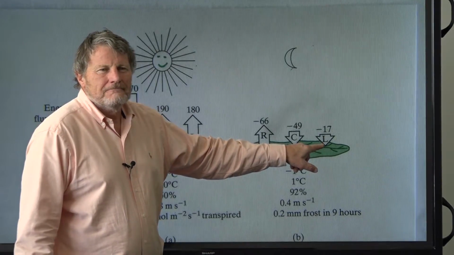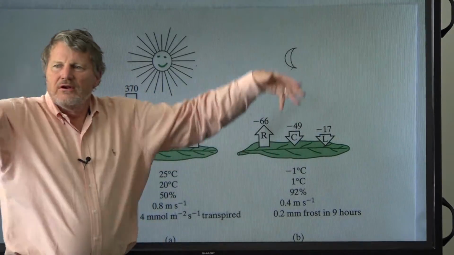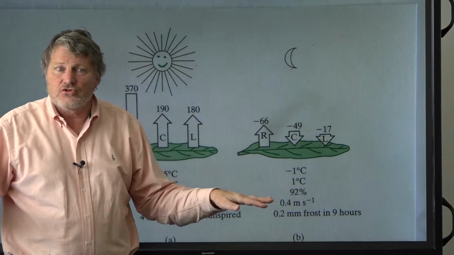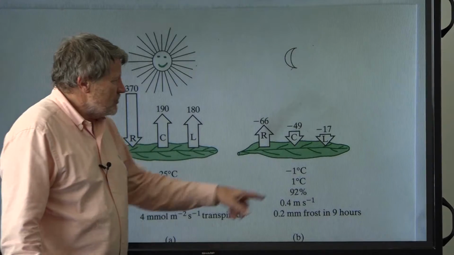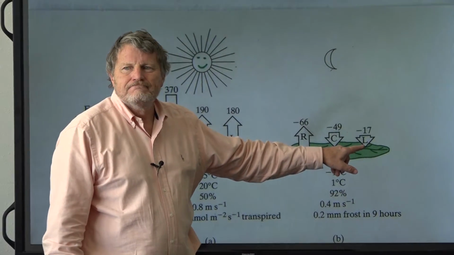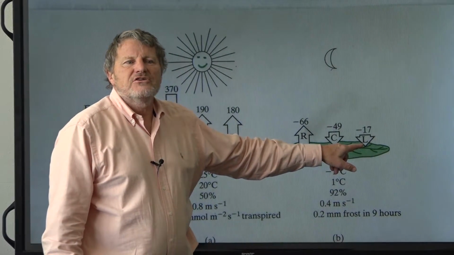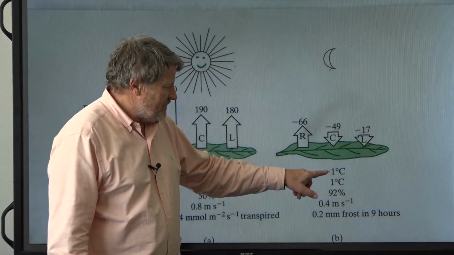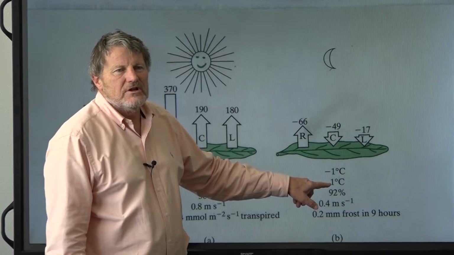What's going on here? It's evaporating water. It's cooling. It can go to 0 if the stomates are shut. How'd this go negative? Condensation. Frost. This is a cold night. The air temperature was +1.